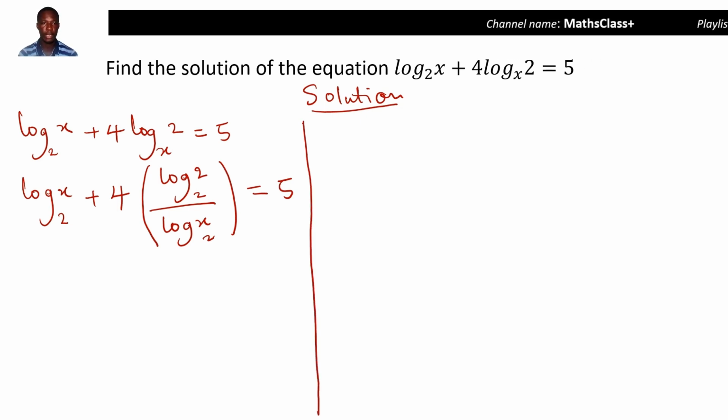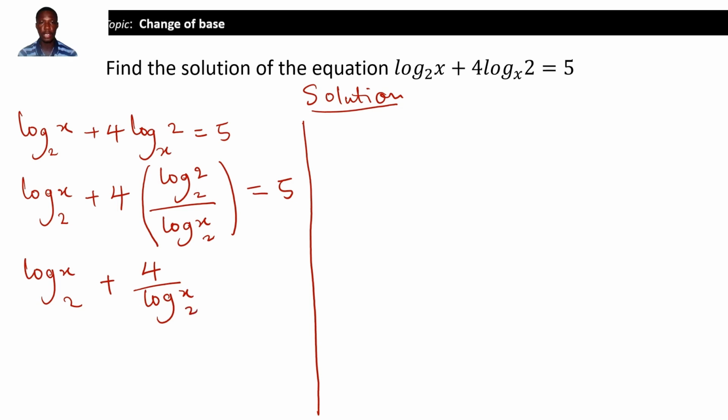Okay, so let's simplify that. Have log x to the base 2 plus, so this numerator becomes 1, and 4 times 1 is 4 divided by log x to the base 2. This is equal to 5.